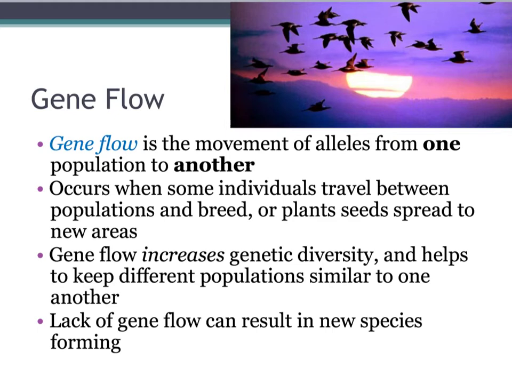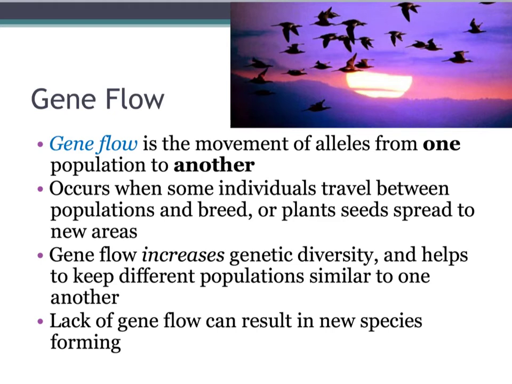If it's real windy, maybe the plant seeds will spread. Maybe somebody will take a plant home with them from the mountains and plant it at home. That's another way. So gene flow increases genetic diversity. It's actually a good thing because we don't want too much of the same thing all the time. There would be no diversity that way, and it's just really not a good thing.